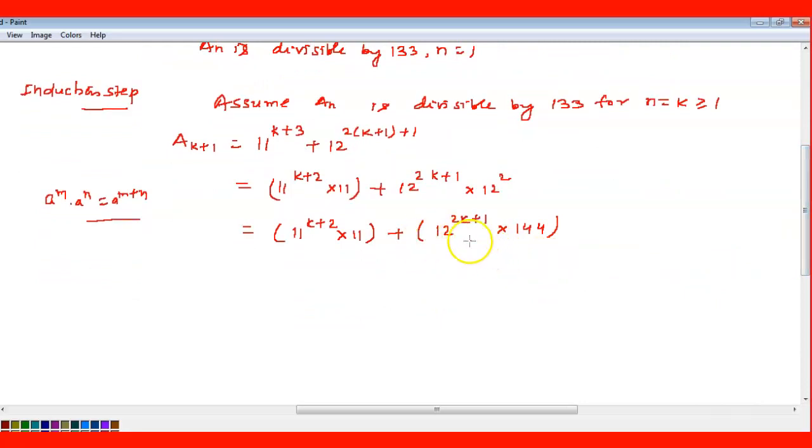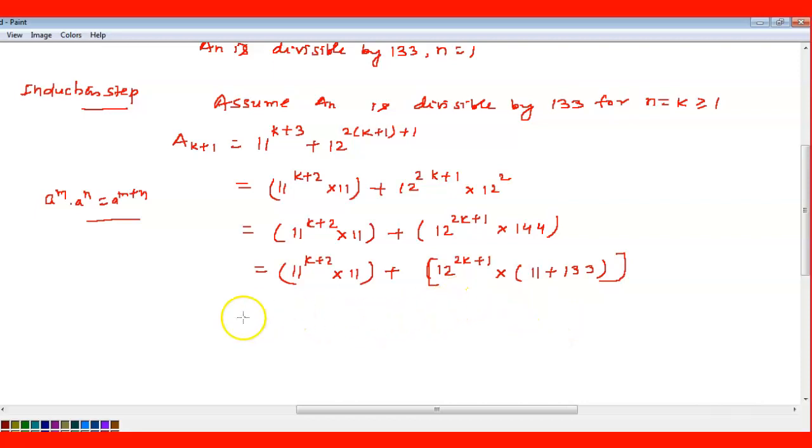so now I can write this one here, 11 to the power of k plus 2 as it is, into 11, plus this term I can write here 12 to the power of 2k plus 1, and 144 I can write as 11 plus 133, because 11 plus 133 is 144, right?